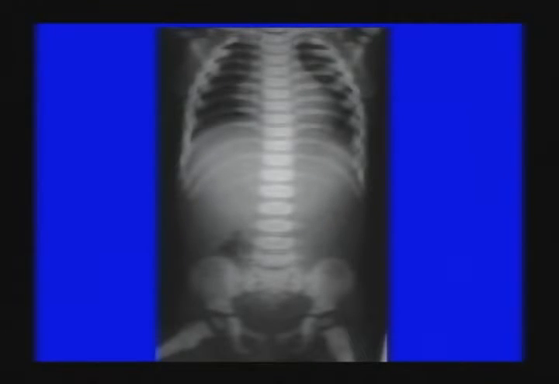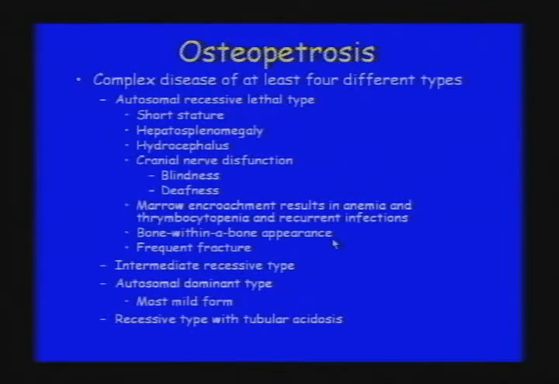The next case is a 3-year-old with hearing loss, and we can see that there's diffuse bony sclerosis. You can see a beautiful bone within a bone appearance at this pelvis and also in the vertebral bodies. This is a case of osteopetrosis, which is a complex disease of at least 4 types. This one is the autosomal recessive lethal type. These children tend to be short.